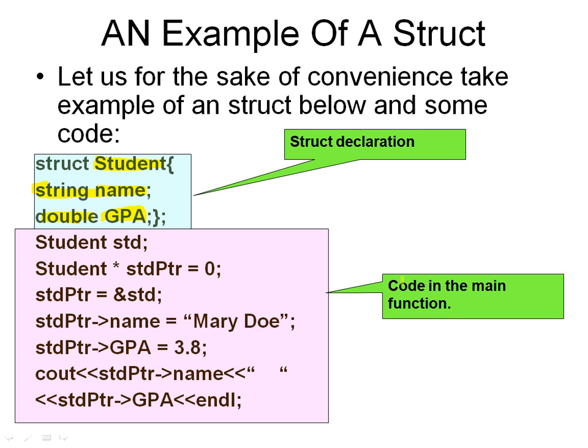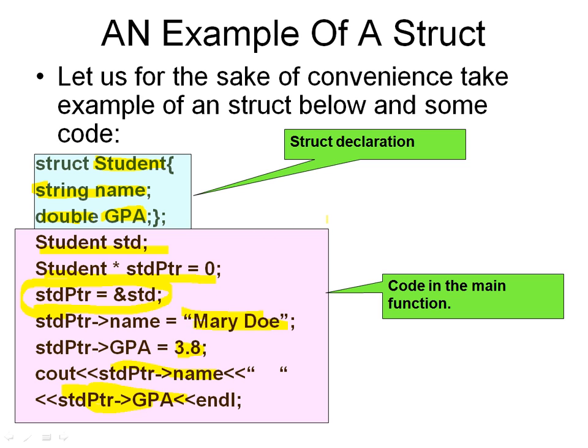Inside the main function, I'm going to have this code: declare student std, a pointer to the student struct stdptr, create a pointer-pointee relationship, change the name from nothing to this, change the GPA, print the name, print the GPA.